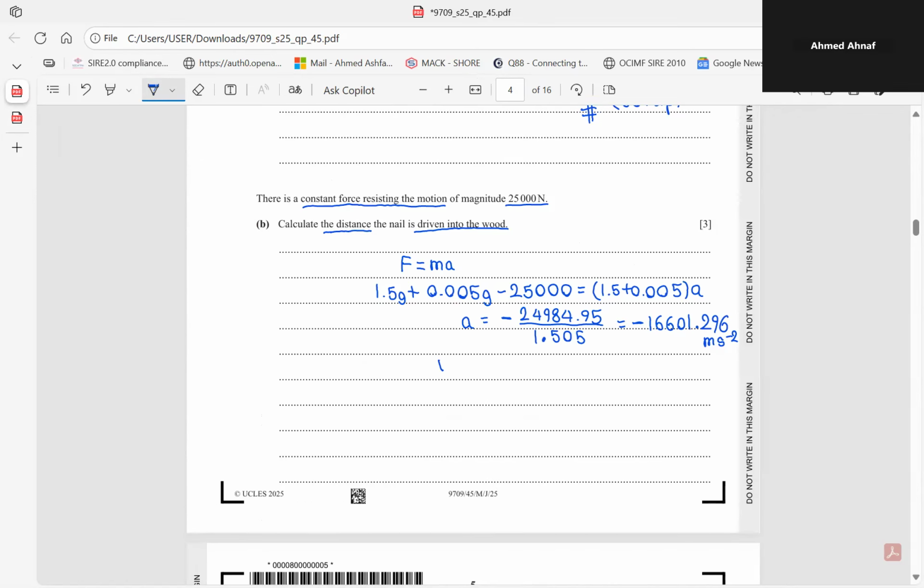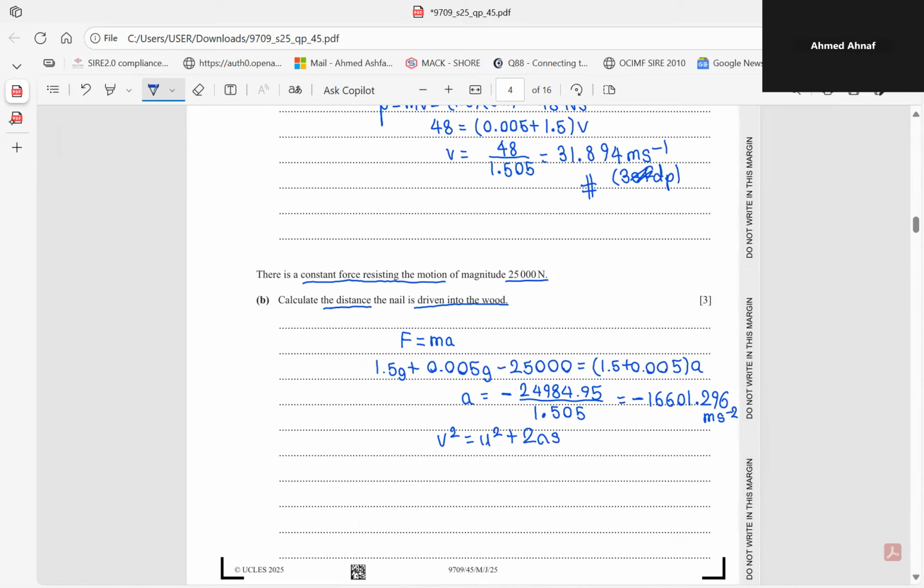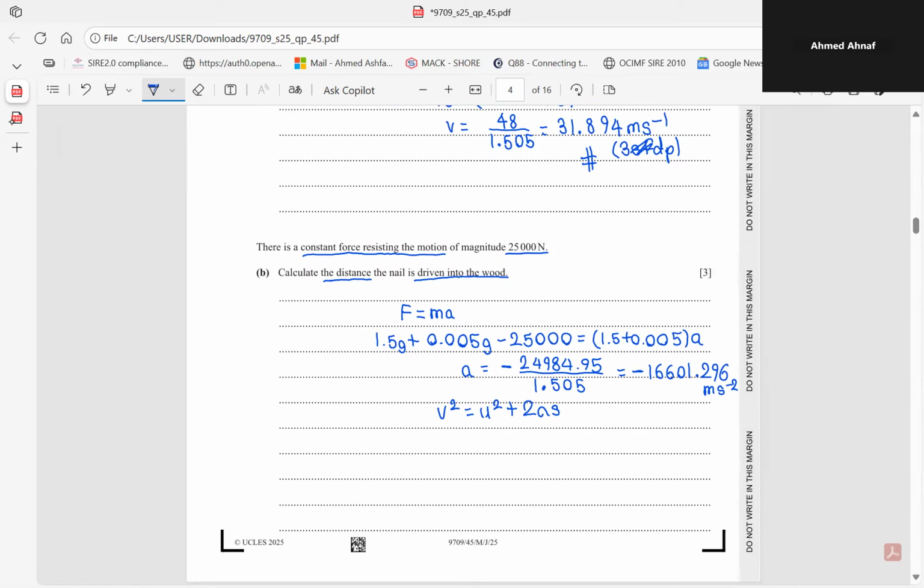So let's write it down. u is obviously our initial speed, so that's 31.894 squared plus 2 times minus 16,601.296 s equals 0 squared.